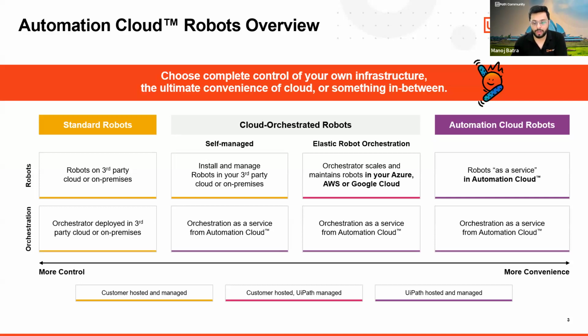And then come automation cloud robots. This is a kind of robot as a service available within the automation cloud provided by UiPath, and it is a more convenient way to create and set up your infra.